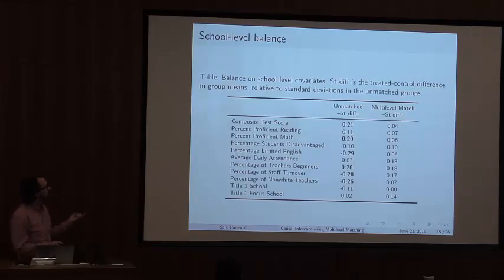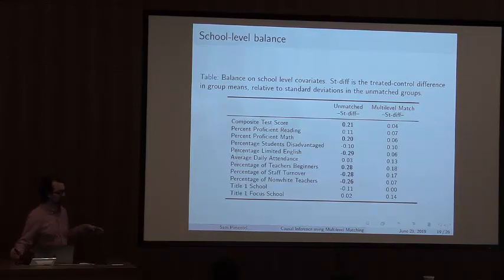So this is a balance table showing the difference on various school variables between the groups before matching and after matching. These differences are measured in standard deviations between the group means. And you can see I put in bold a bunch of standardized differences that are bigger than a fifth of a standard deviation.